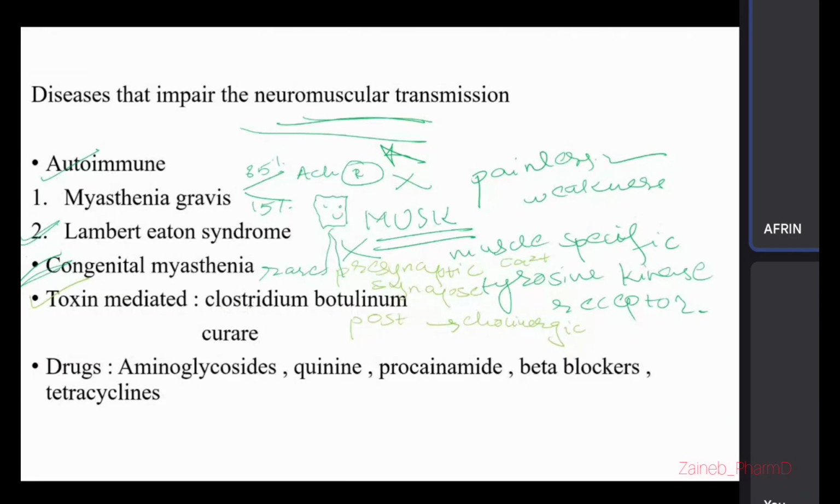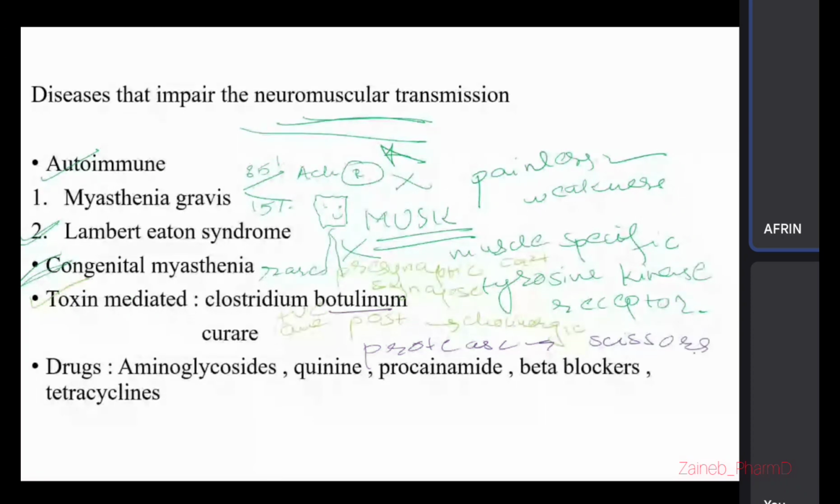Now Clostridium botulinum is a gram positive anaerobic bacteria that produces botulinum toxin. Clostridium botulinum is mainly found in home cooked canned foods, and the botulinum toxin is a protease enzyme which acts as a scissor.